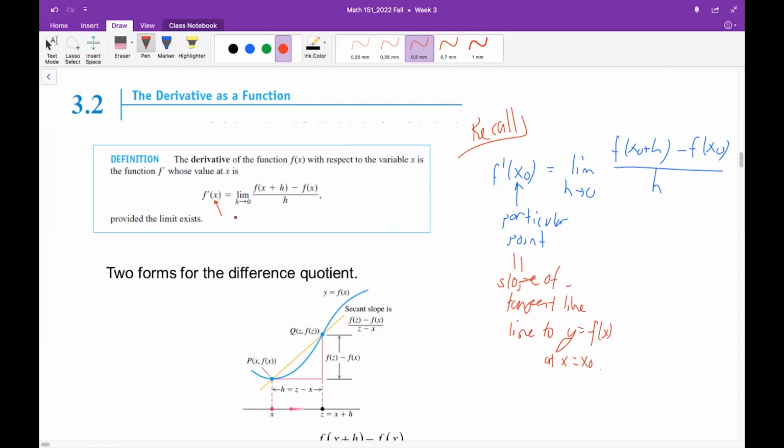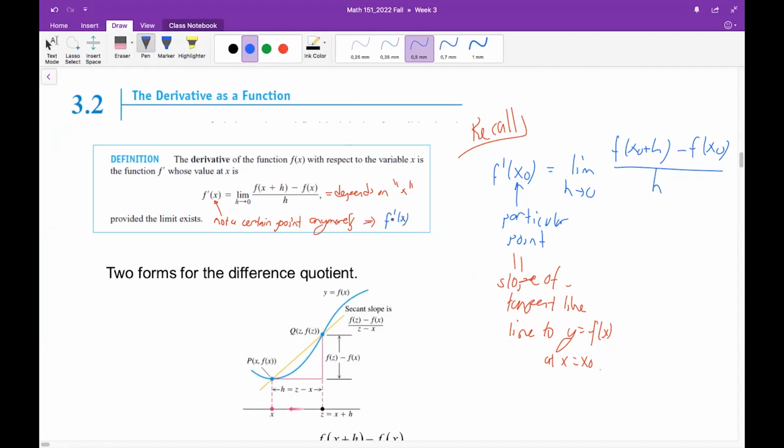Then this now depends on x, right? This expression now depends on x, because x is not a certain point here. Not a certain point anymore.